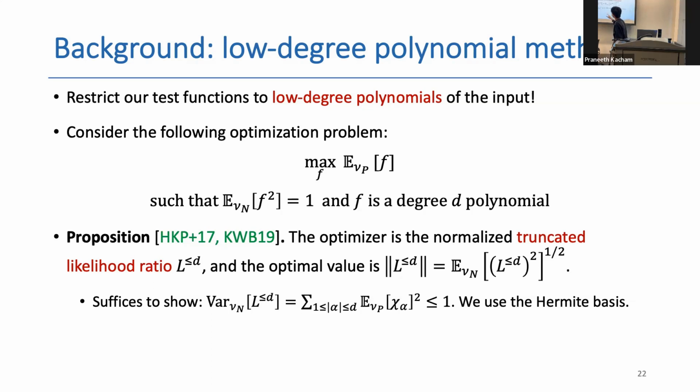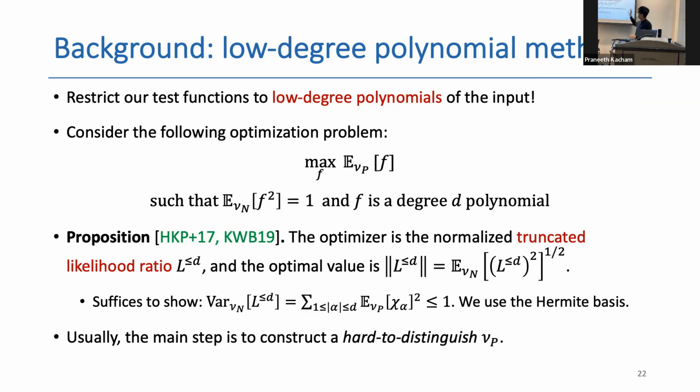Here, chi alpha is the basis under the null distribution, and we're going to use the Hermite basis because our input is Gaussian. If this is hard to follow, it's okay, because the main step in this low degree hardness framework is to find a planted distribution that's hard to distinguish.